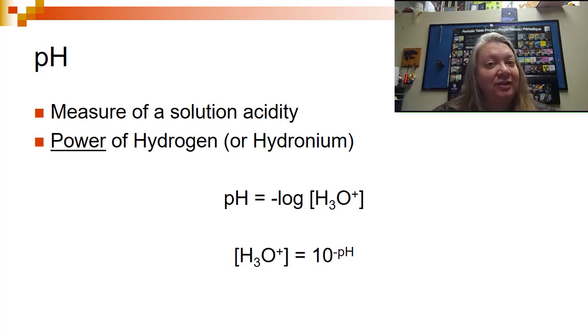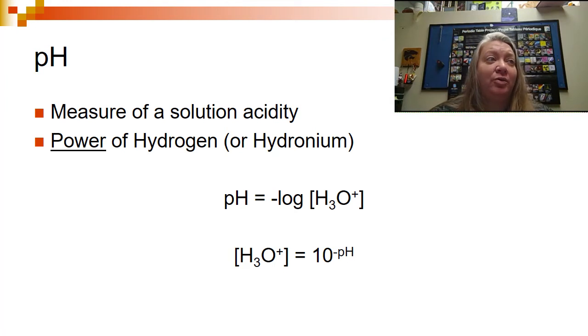So pH is equal to negative log, and remember the square brackets mean concentration of that hydronium, or how much of that proton, that H plus, has been released into that solution or has been able to break away from the acids. In the case of a weak acid where only part of them will actually dissociate, how much is in that ionic form?